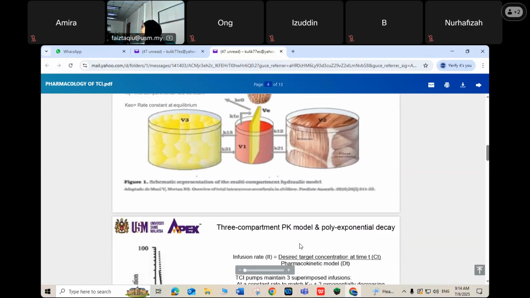So that remains a challenge. If possible we have BIS monitoring and monitor with BIS. Otherwise we go based on clinical signs, and you may get spasm. That's the challenge with mass rate.